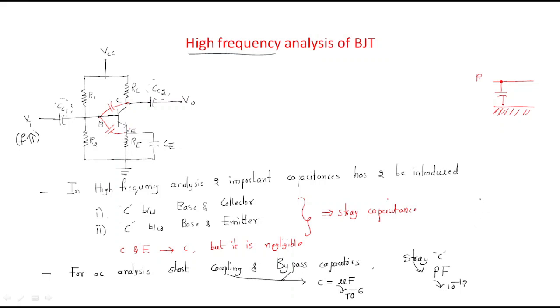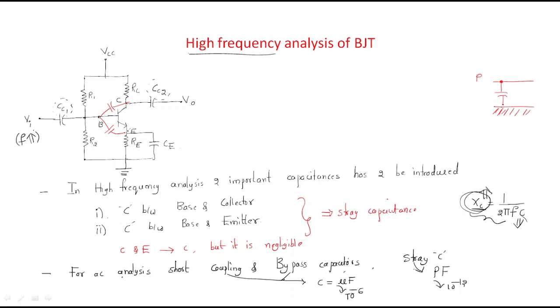Generally the capacitive reactance Xc equals 1 by 2πFc. When F decreases, Xc increases. So when the frequency decreases, the capacitive reactance increases, and compared with this there is a larger decrement. That's why the stray capacitance plays a very important role.